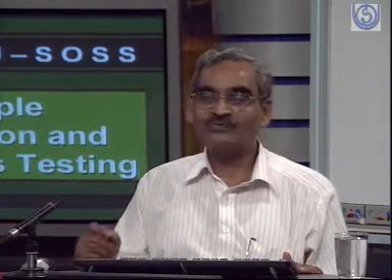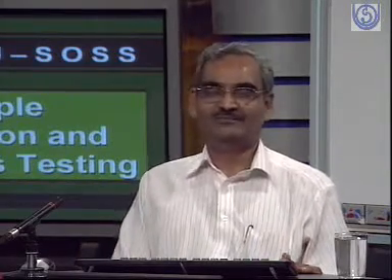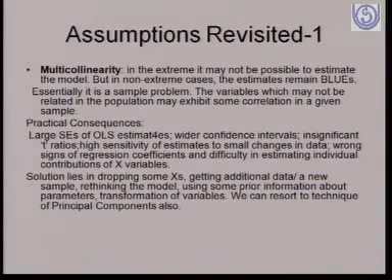I would like to revisit the assumptions. Last assumption first, the multicollinearity. In the extreme case, when variables x1 and x2 have an exact linear relationship with one another, what can be the complication? The complication could be it would not be possible to estimate B parameters at all.